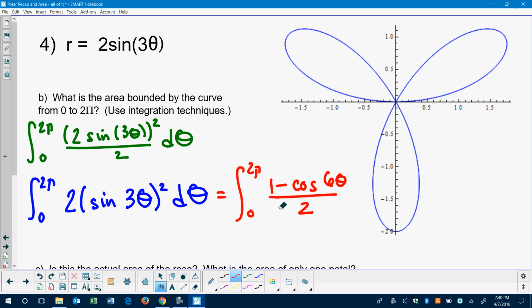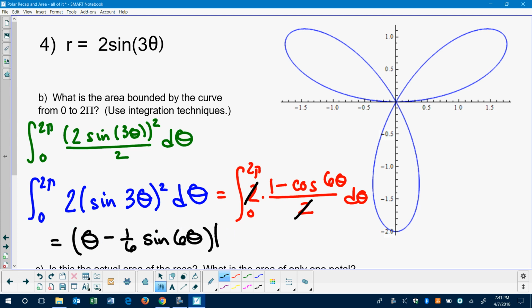And then we'll have a 2, but we already have this 2, so those are going to go away, and d theta. This isn't that bad of an integral. We will get theta, and we have to insert a 6 and balance it with a 1/6, and have our bounds. When you substitute all that in, you get 2 pi.